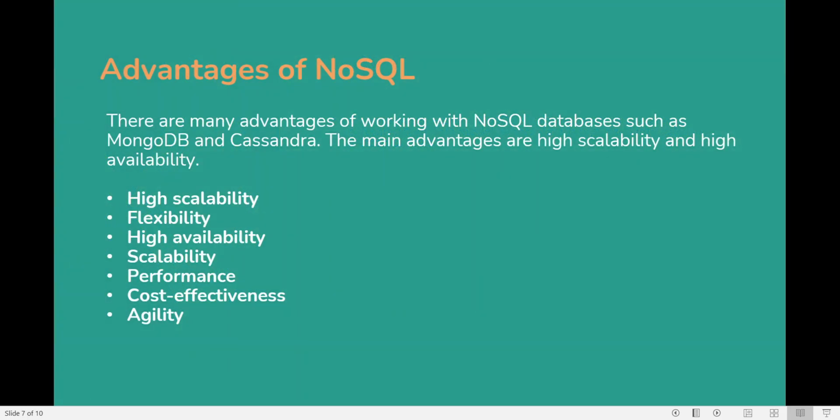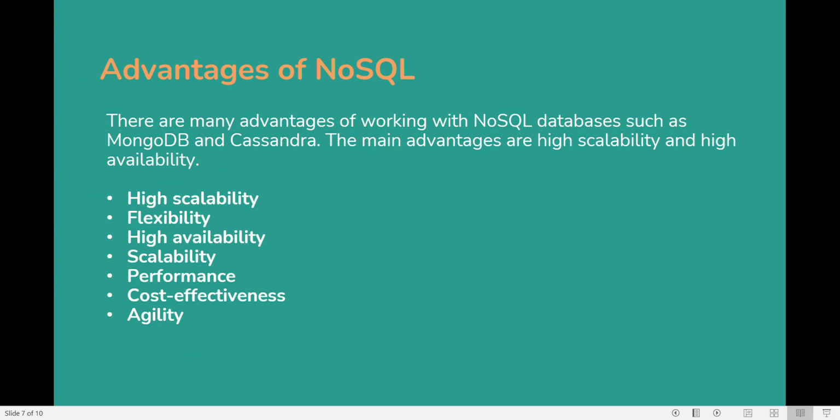Now, what are the advantages of NoSQL? There are many advantages of working with NoSQL databases such as MongoDB and Cassandra. The main advantages are high scalability and high availability.